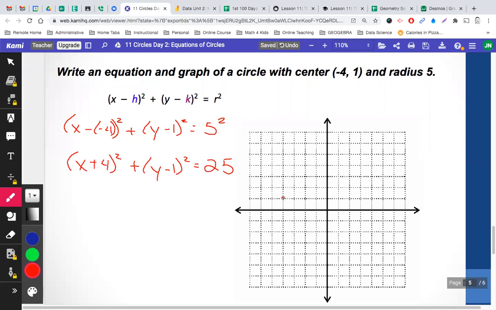That was not nice enough. Took this off the graph. 1, 2, 3, 4, 5. Bigger the radius, the more room for error.